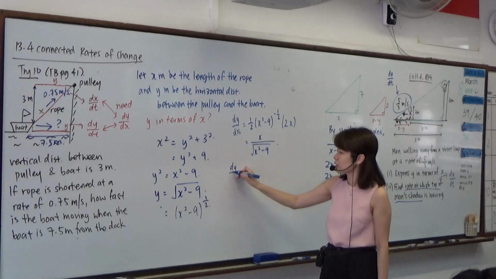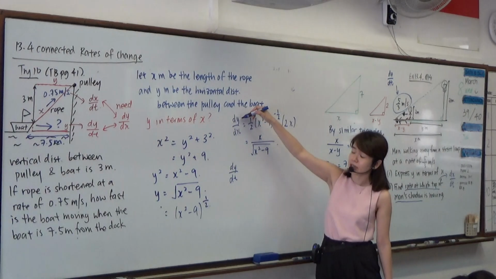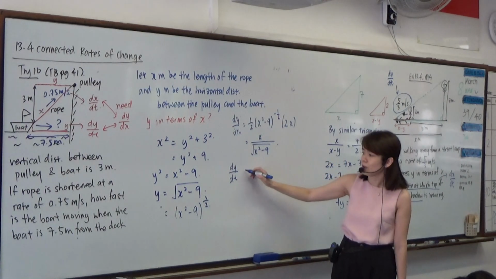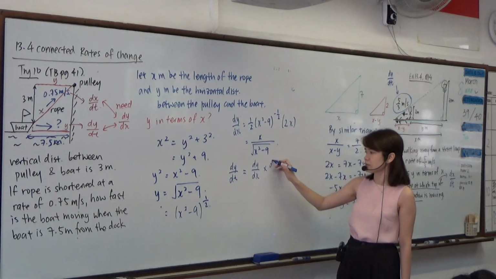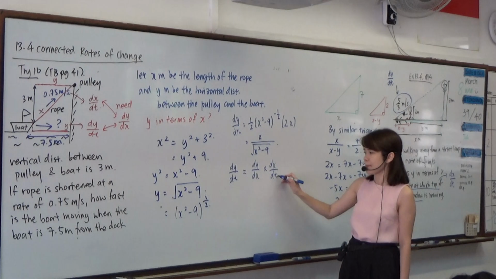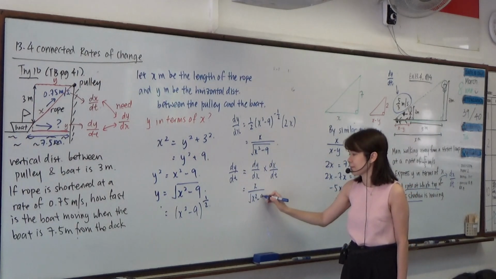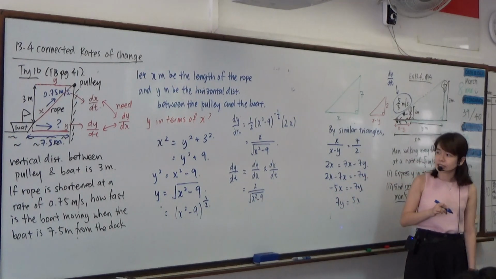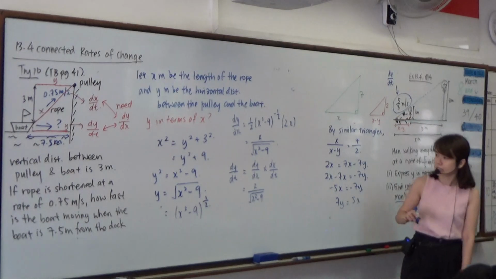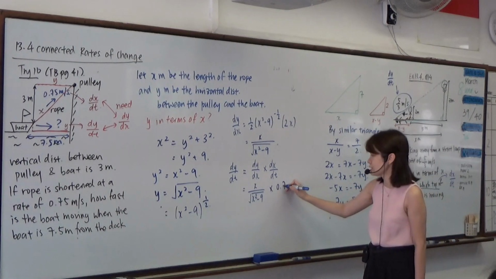Since dy over dx has y at the top, we start with dy over dt equals dy over dx times dx over dt. dy over dx is x over the square root of x squared minus 9, times dx over dt, which is 0.75.